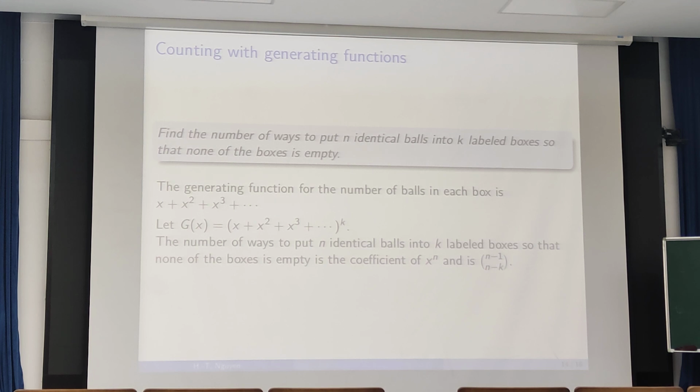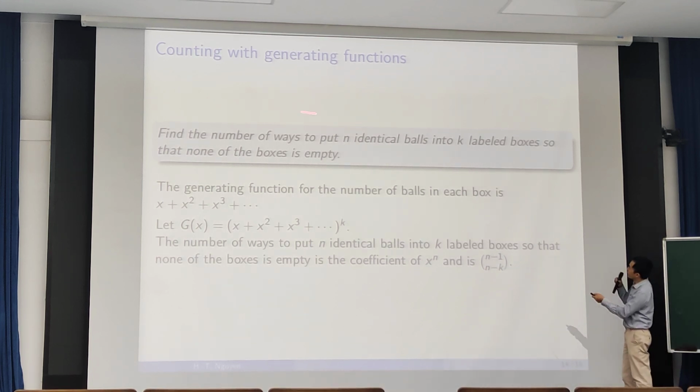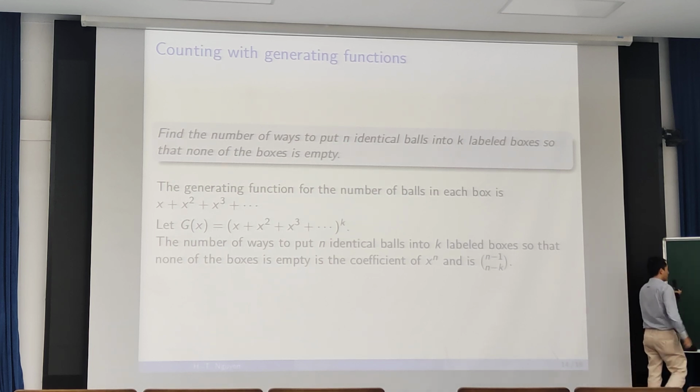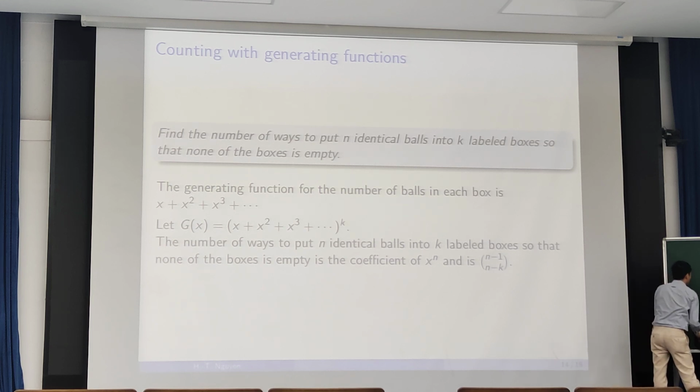Now this is our generating function, and we want the total number of balls to be n. So if we want to find the coefficient of x to the power n in this function, what value of I should we choose?